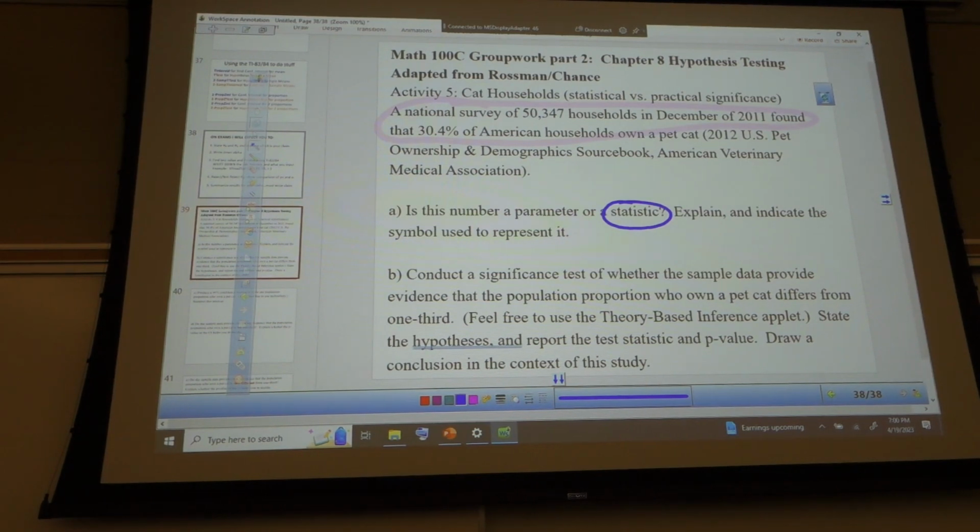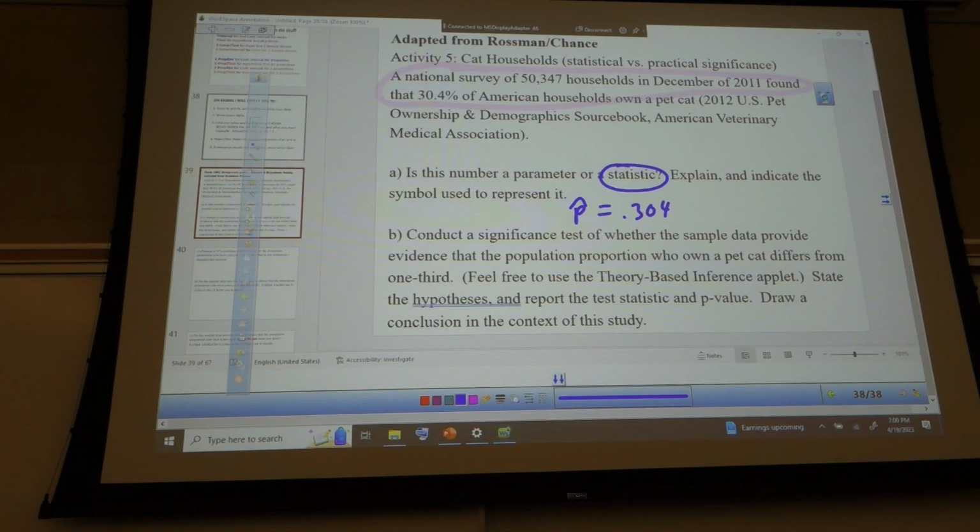Michael, what's the sample proportion symbol for that? Check with your neighbors. Oh, it's P hat. P hat. Appreciate it. All right, so what is our P hat? Yeah, and what is it in this case? 0.304. All right, good. Hey folks, let's go through this so that we don't waste time. Otherwise we're going to go overtime today. I don't want to go overtime today.